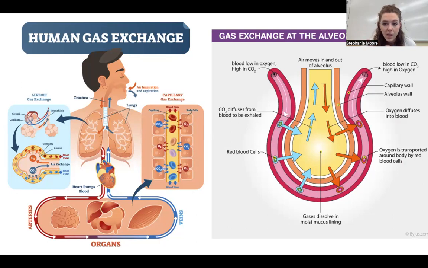It's going to be able to take carbon dioxide and give oxygen, and transport it back through veins to the heart. So the capillaries are our target blood vessel in the pulmonary system. And that's pretty much the end of the cardiovascular system.